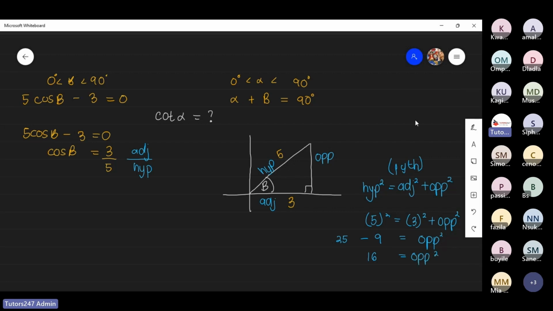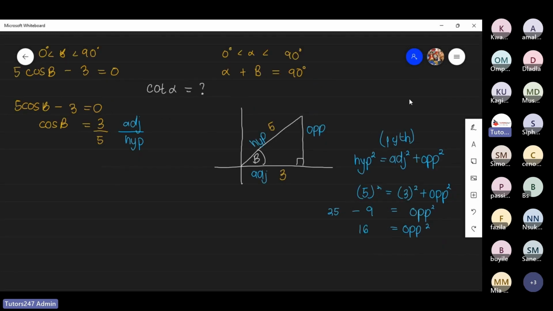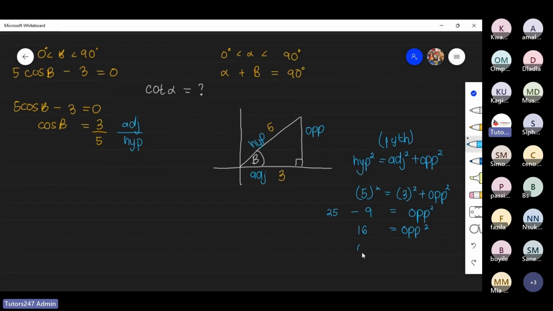From here, all we now need to do is square root both sides. Once we square root both sides, we will end up with plus or minus 4, because the square root of 16 is 4. Now, how do we know whether we are supposed to use the positive 4 or the negative 4? What tells us that? It's the position of your y or your x value, or the position of your opposite or your adjacent, whatever you are calculating.